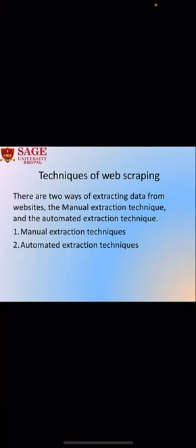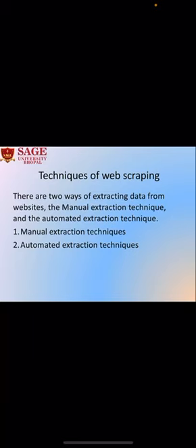So let's talk about the techniques. There are 2 ways of extracting data from websites: the manual extraction technique and the automated extraction technique. As the name says, manual. So yes, manually copy pasting the site content comes under this manual extraction technique.